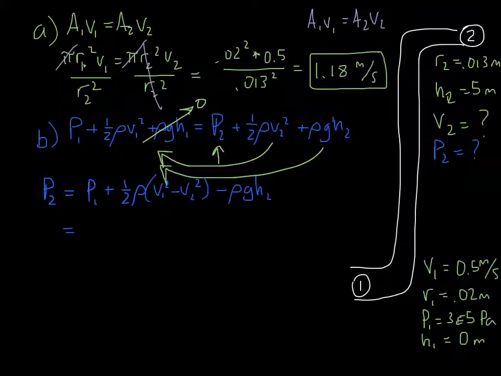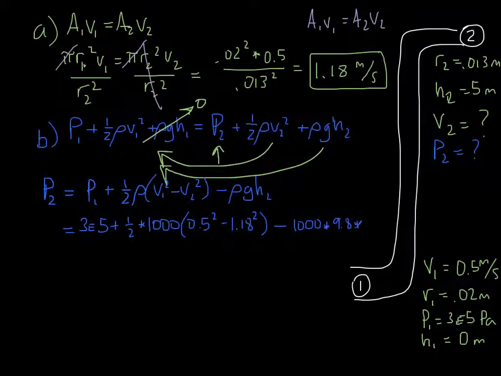If you plug in all of these numbers, the pressure at point 1 was 3 times 10 to the 5th, plus 1/2 times the density of water, which is 1,000, times V1 squared, that's 0.5 squared, minus V2 squared, which we solved for in part A, that's 1.18 squared, minus rho, again 1,000, times g, which is 9.8, times the height, which was 5.